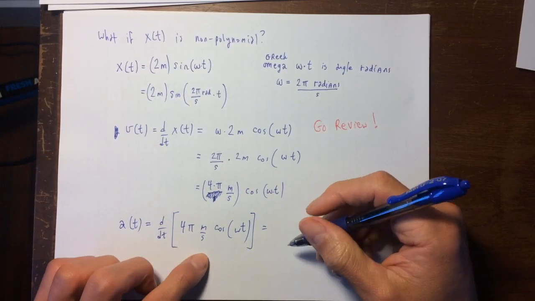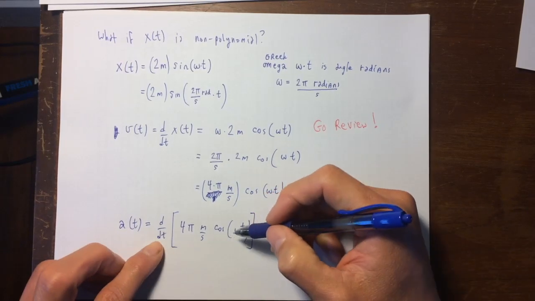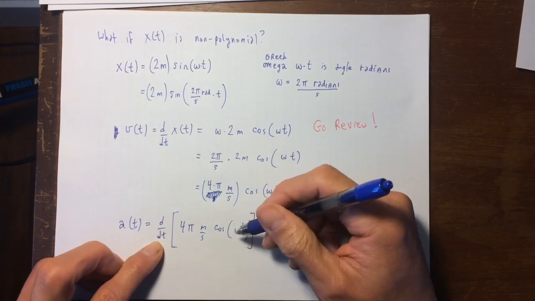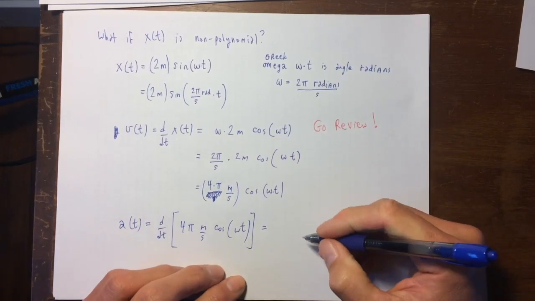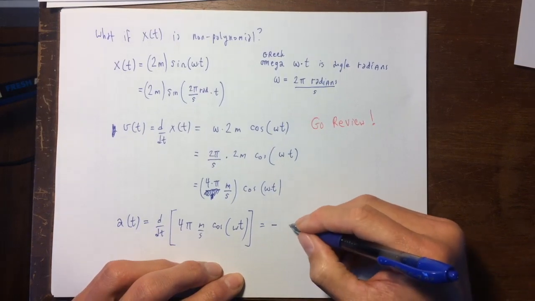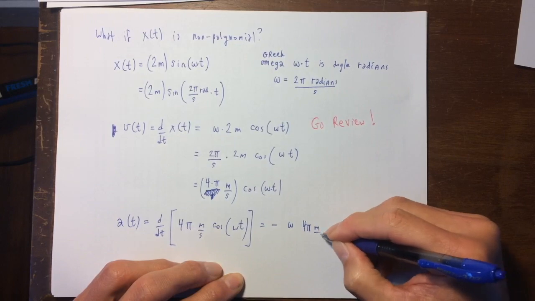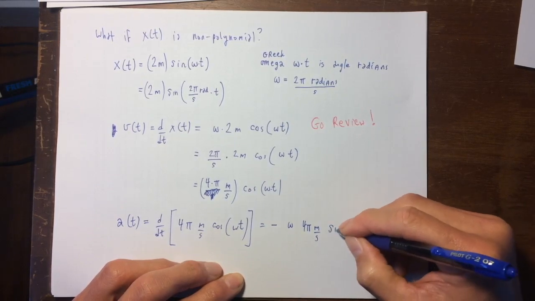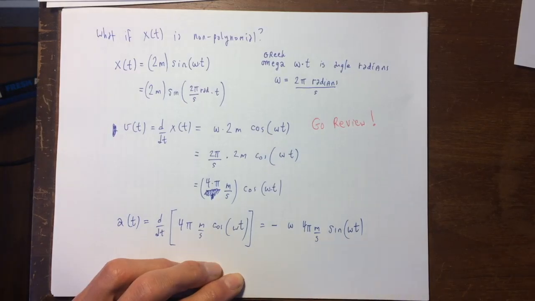So the way this is going to go is when you take the derivative of cosine, it turns into a sine function, but with a minus sign. So this is going to be minus omega times 4 pi meters per second times the sine of omega t, like this, with a minus sign.